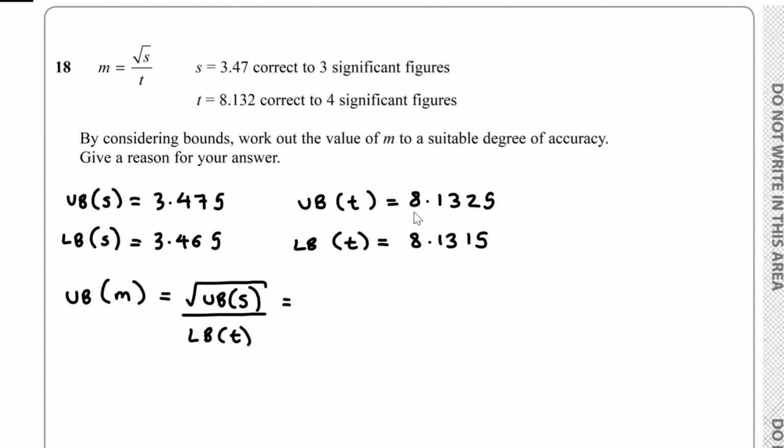If we work this out, we have the upper bound of s, which is 3.475, and then we need to square root this, of course. And we divide by the lower bound of t, 8.1315.